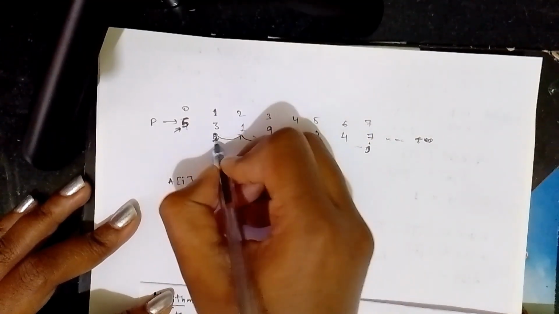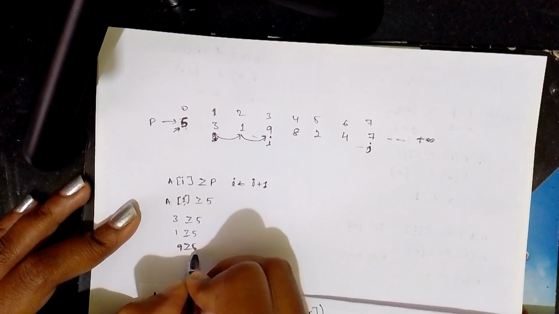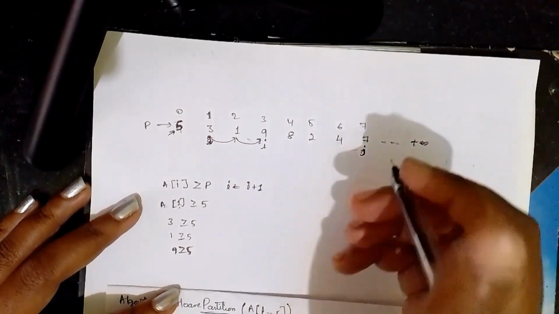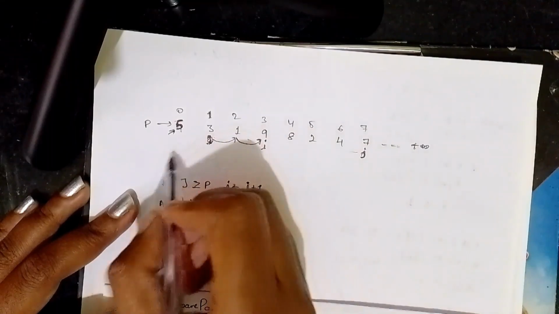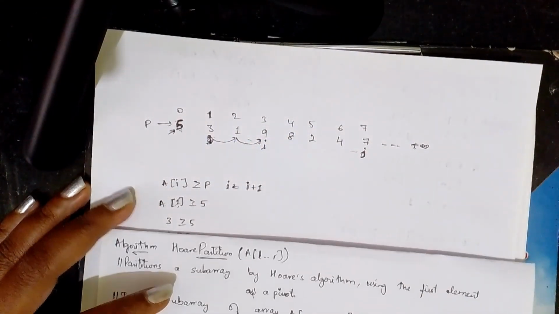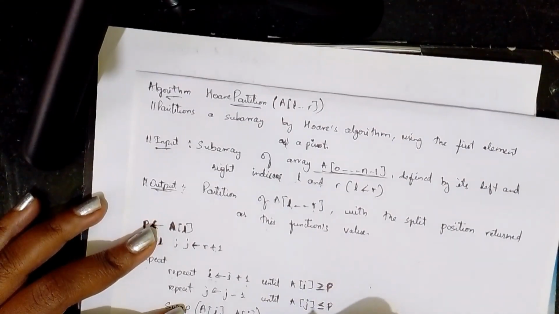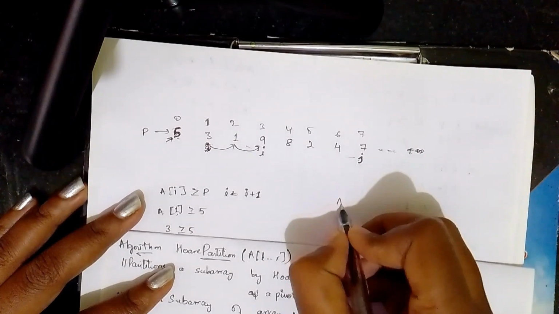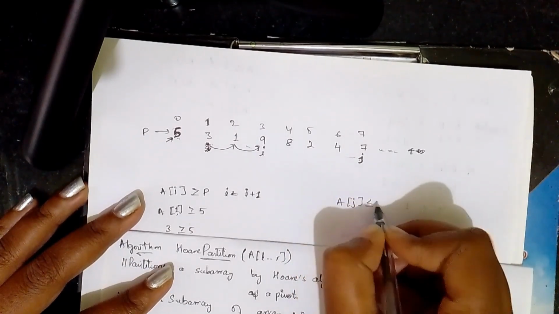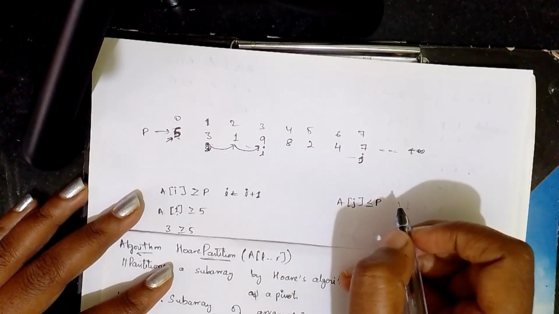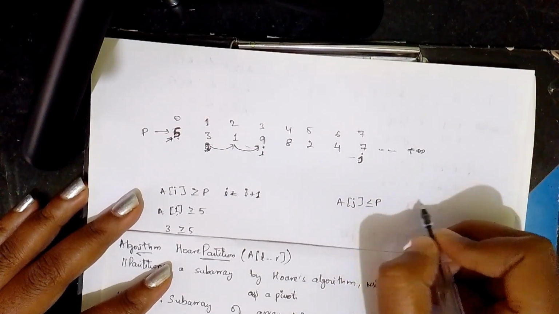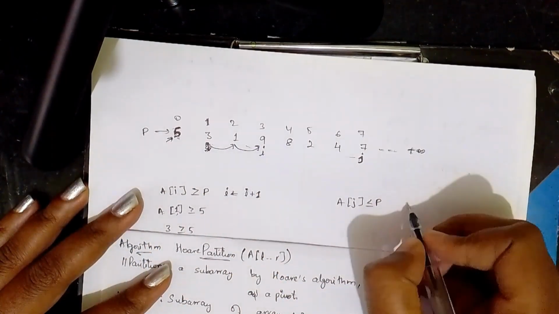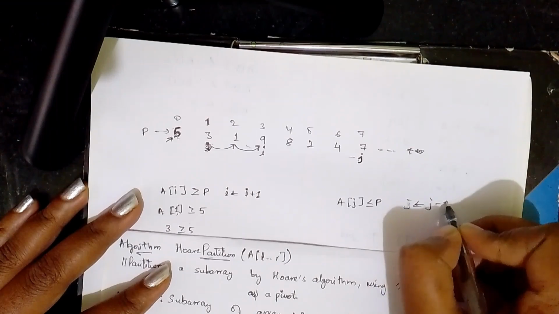i will stop there, and now we have to do iteration along the left side. Here j will stop only when it gets a number which is smaller than or equal to the pivot element: a of j less than or equal to p, and then we decrement along the left side, that is j minus 1.